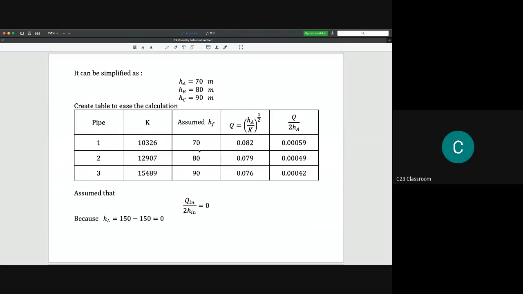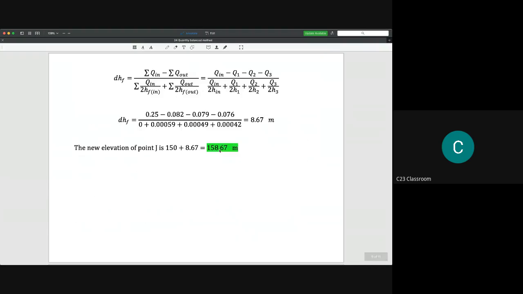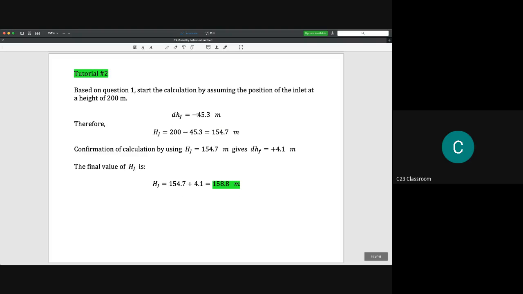However, the values here are 120, 130 and 140, so please be alert of this one. You need to redo this calculation, and then you substitute in this equation, and finally you will get the value of HF equal to minus 45.3 meters.